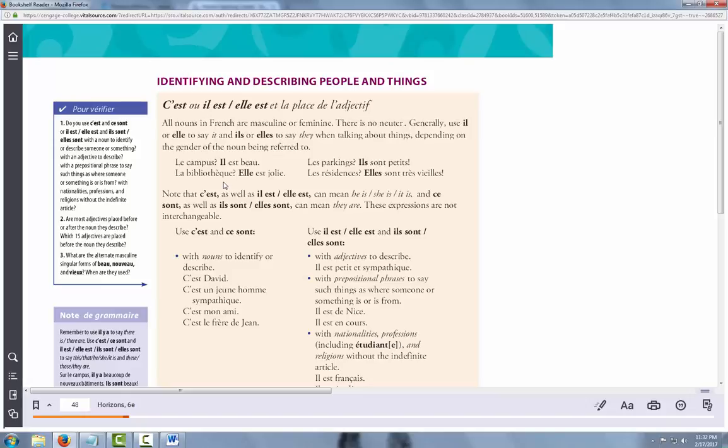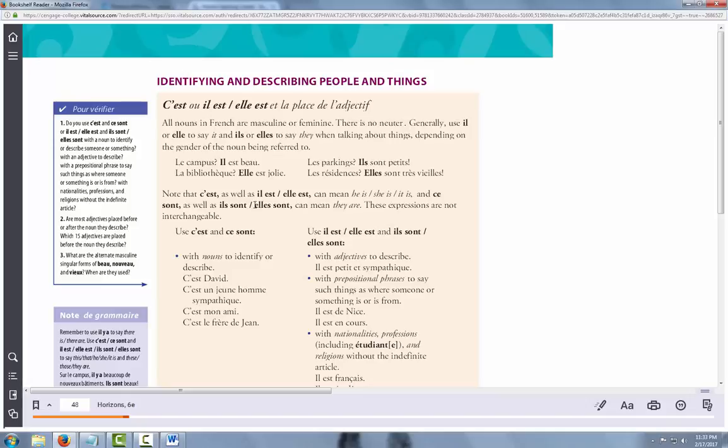La bibliothèque, the library, elle est jolie because you're referring to a feminine noun. Les résidences, elles sont très vieilles. So when you're seeing les, you don't know if the word is masculine or feminine. You can only tell it's plural. So you have to know from looking it up in a dictionary or learning it by heart if it's masculine or feminine, so you know if you choose ils or elles to refer to it.